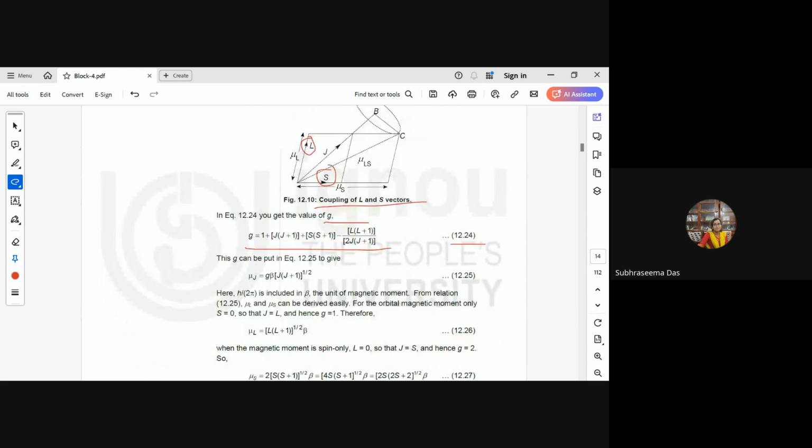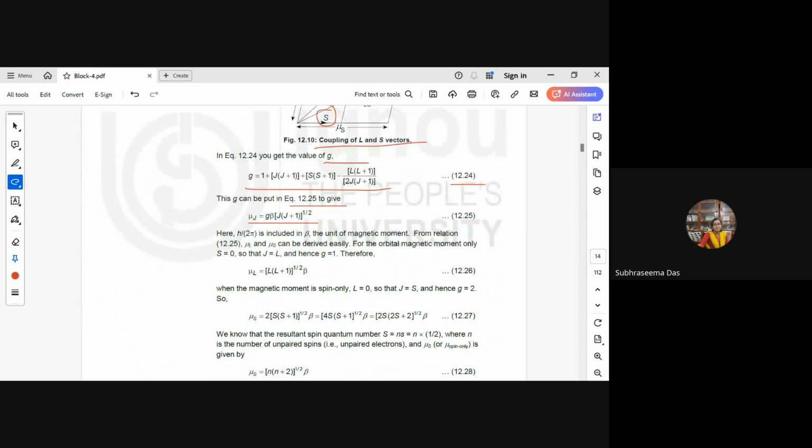This g can be put into equation 12.25 to get mu J equals g into J(J+1) to the power half, times beta. The h by 2 pi is included in beta. By substituting beta and all these relations, mu L and mu S can be derived easily.